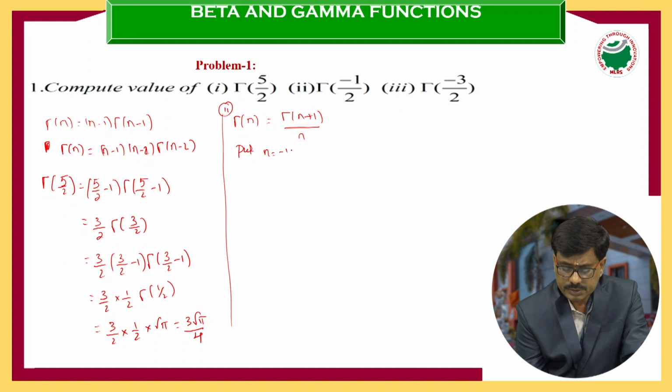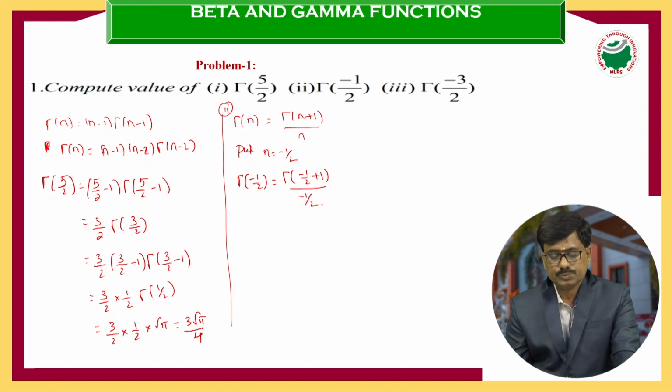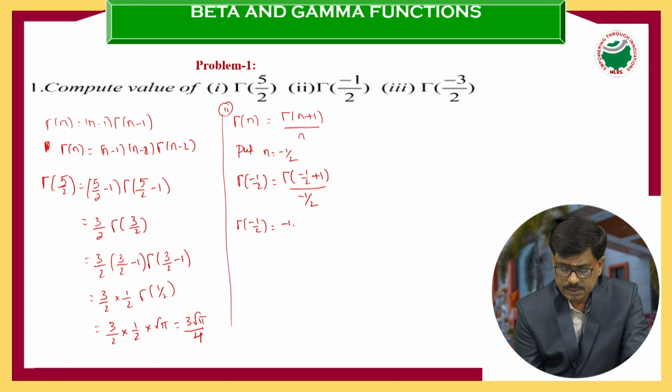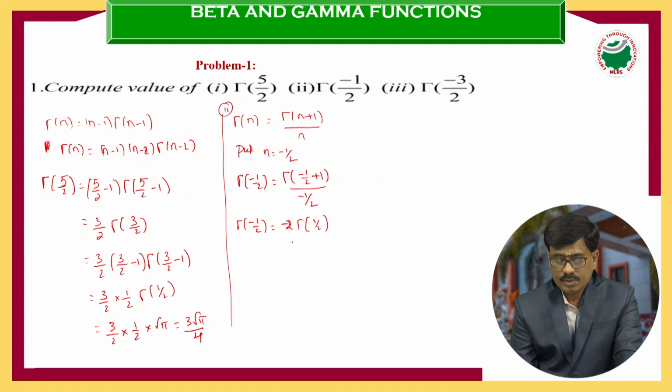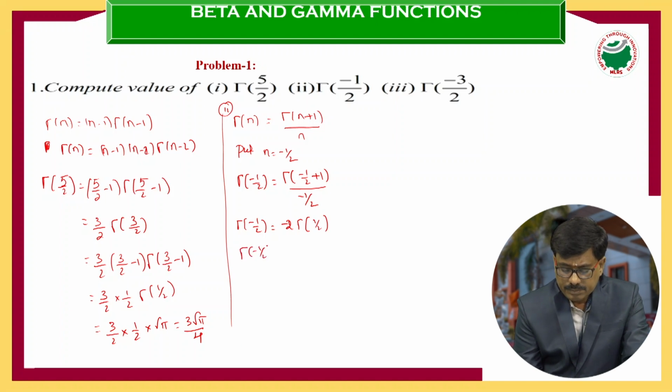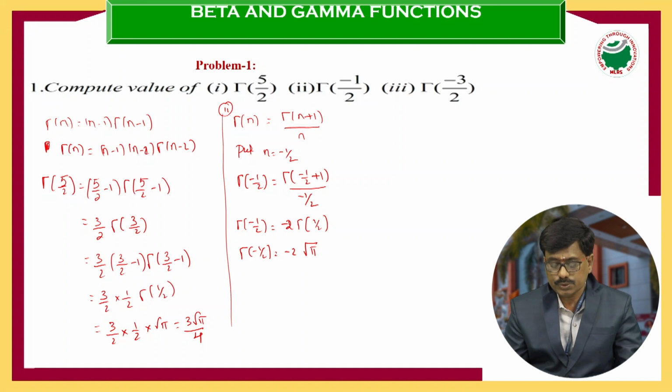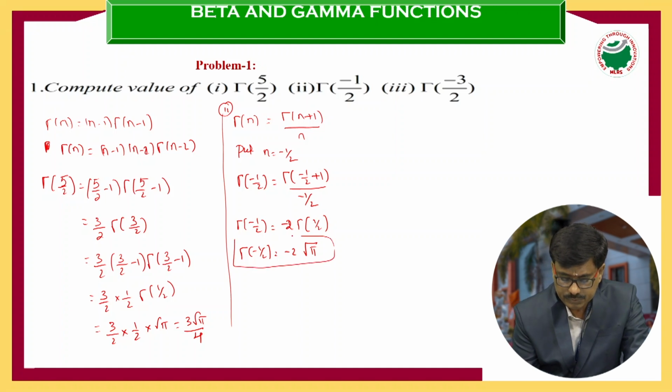Therefore, gamma of minus 1 by 2 equals gamma of minus 1 by 2 plus 1 divided by minus 1 by 2. This becomes minus 2 times gamma of 1 by 2. Gamma of minus 1 by 2 equals minus 2 into root pi. Already we know gamma of minus 1 by 2 equals minus 2 into root pi. This is the gamma of minus 1 by 2 value.